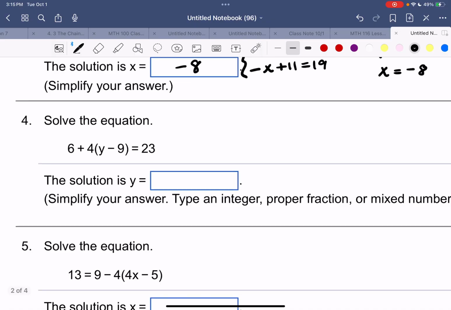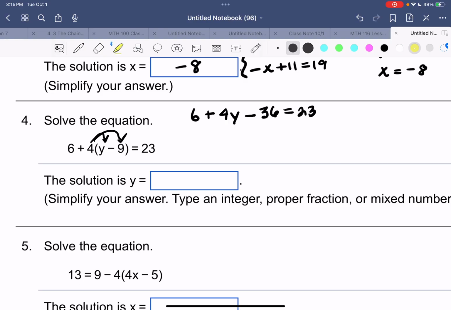Example 4. I'm going to clear out my parentheses first. Now, it's very tempting to put a 10 there, but that would be wrong. You've got to do parentheses as the very first thing you ever do. 6 plus 4 times y minus 36 equals 23. I multiplied the 4 times the y and the 4 times the minus 9.